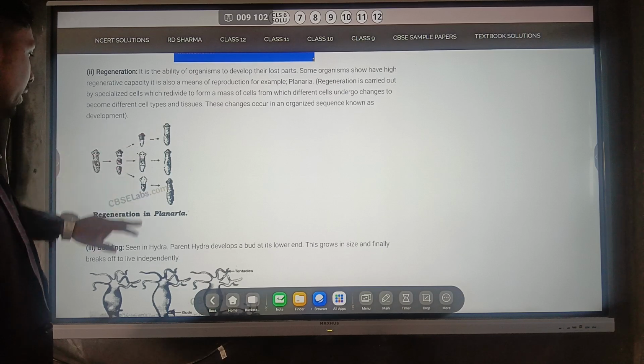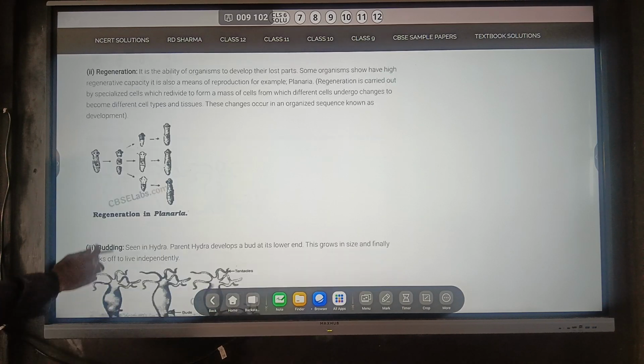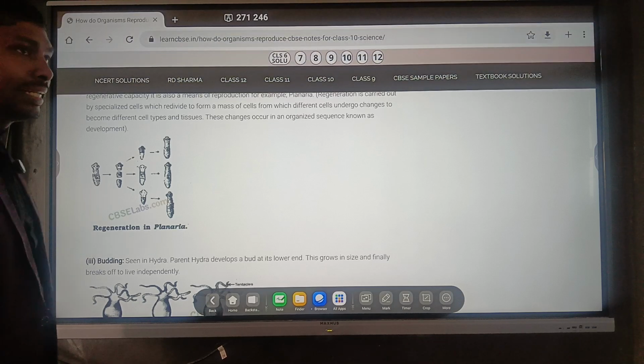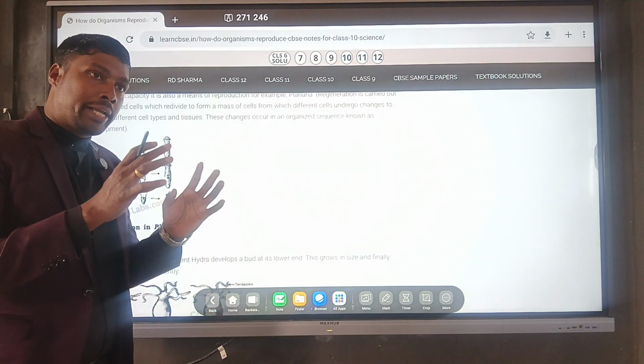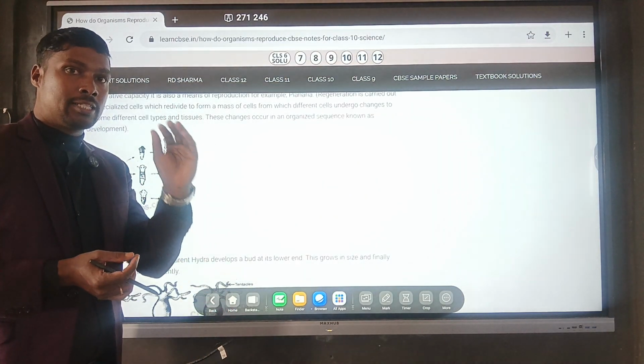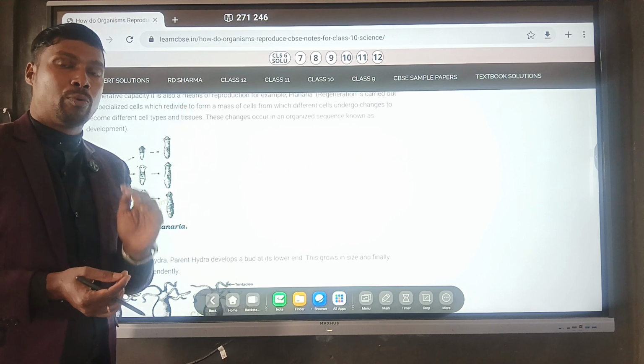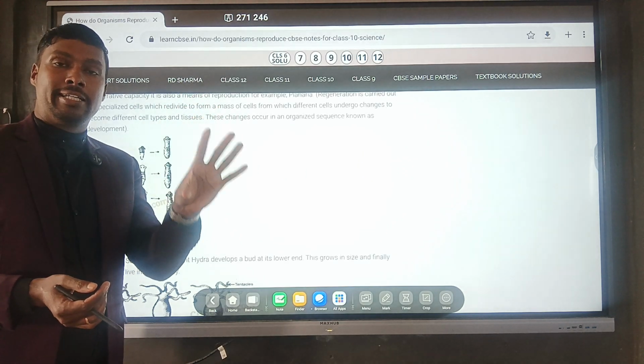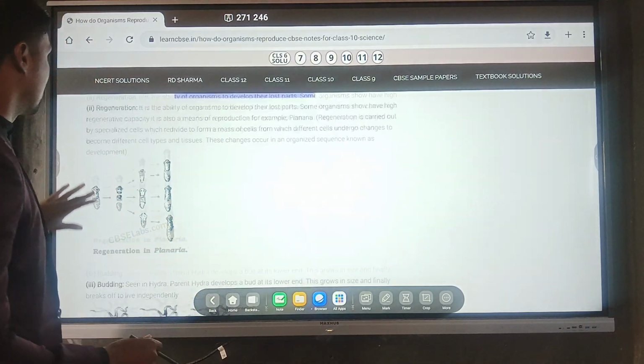And regeneration is the best example in planaria itself. Regeneration means that if an organism has any body part cut down, that body part will develop again in that organism. It is called regeneration.